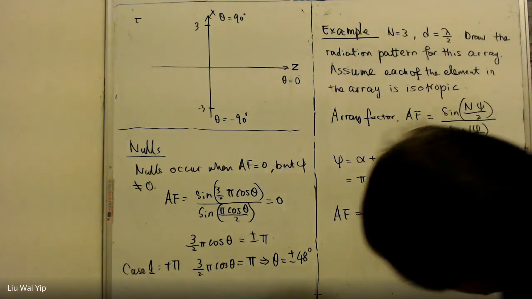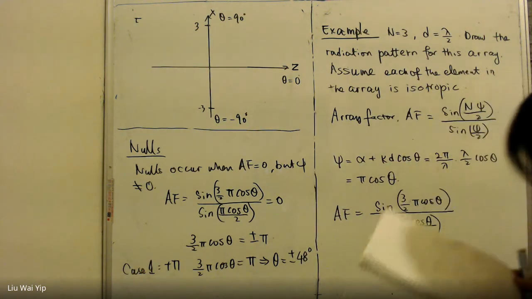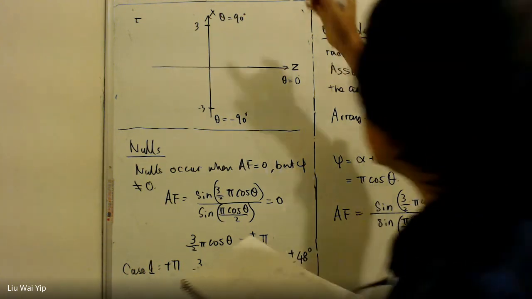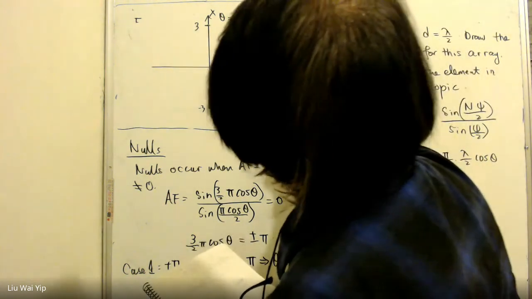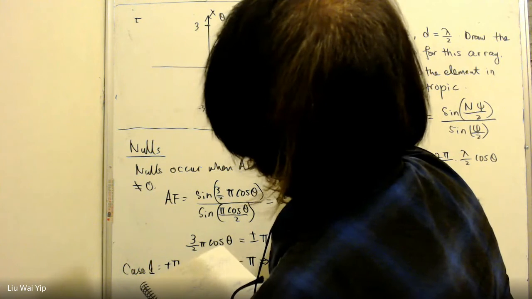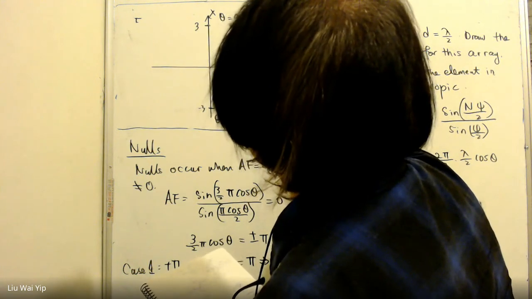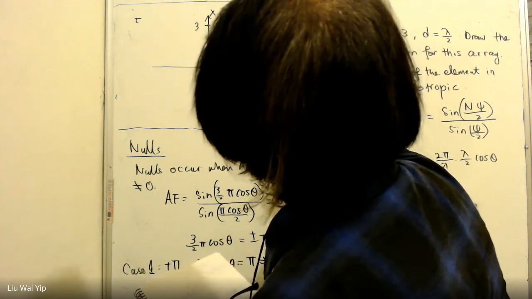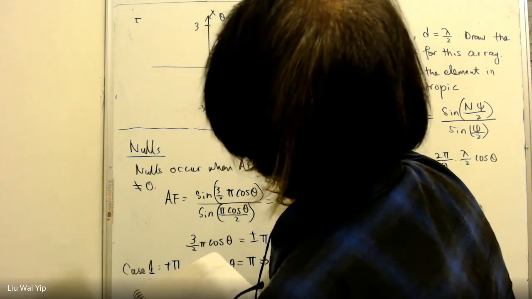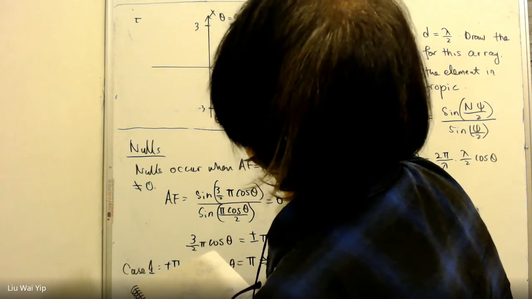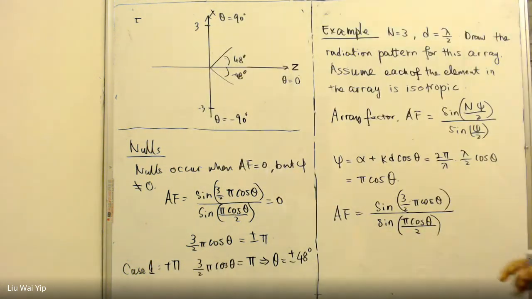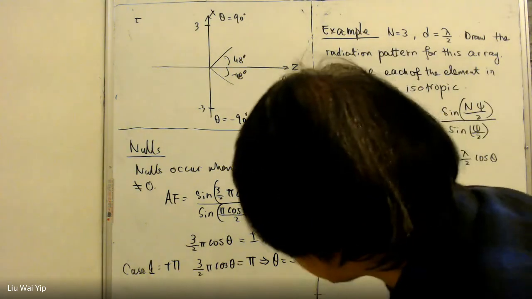So the zero that you will end up with here is 48 degrees and minus 48 degrees.